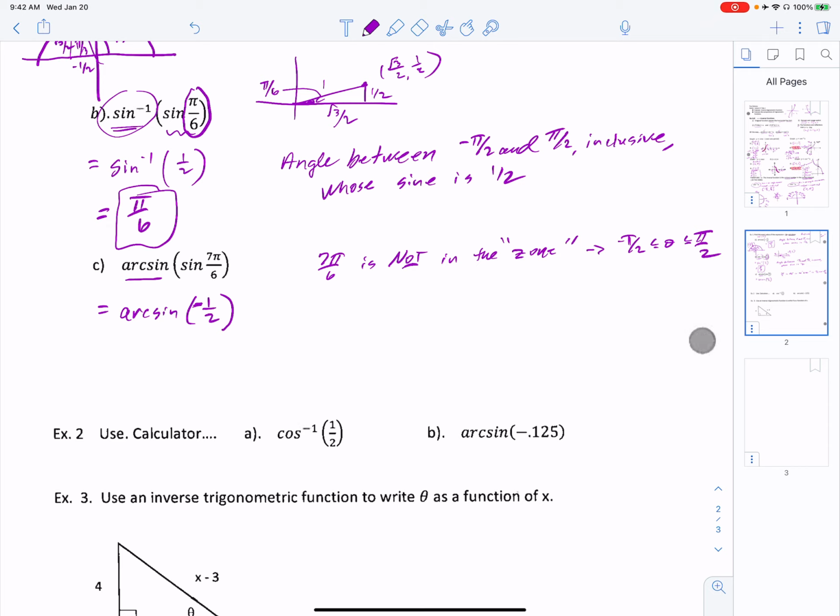So I need the angle between negative pi halves and pi halves inclusive, whose sine is negative 1/2.